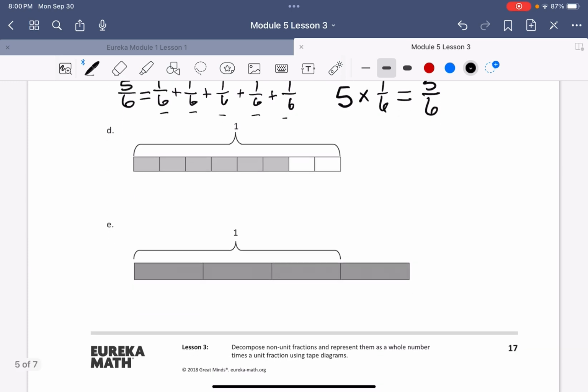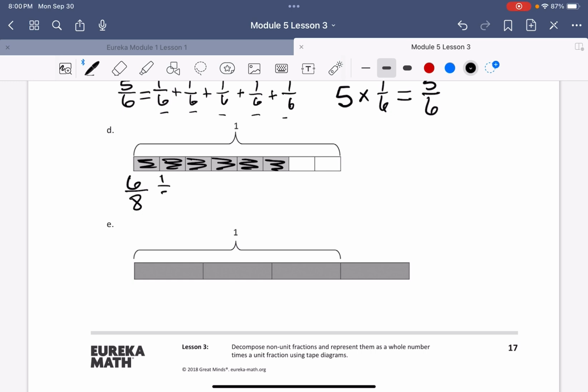Let's look at the next one. We have 1, 2, 3, 4, 5, 6 parts shaded out of 8. So 6/8.